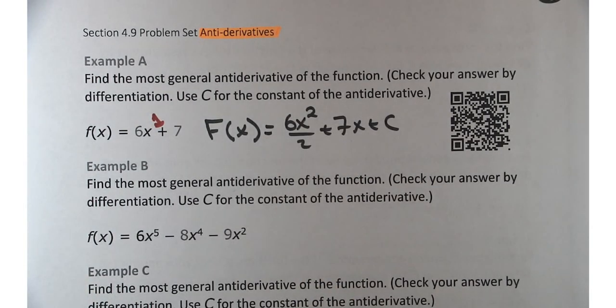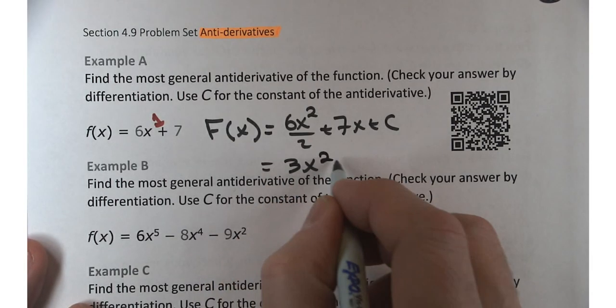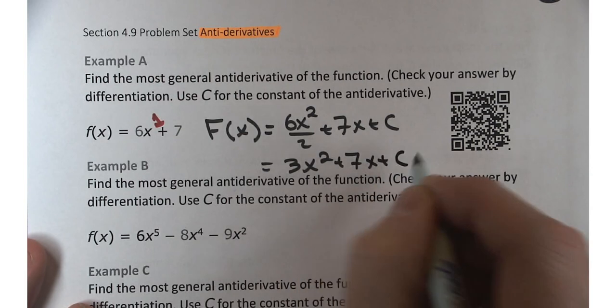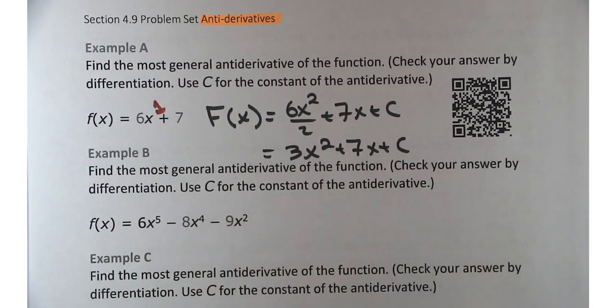It's kind of funny, but at this point moving forward in your math career, constants are going to get really abused. I mean, you're just going to be really kind of sloppy and loose with constants. And, you know, for me, there's a little bit of pleasure in that. But overall, we are going to get pretty loosey-goosey with our constants. So we end up with 3x squared plus 7x plus c. Nice.